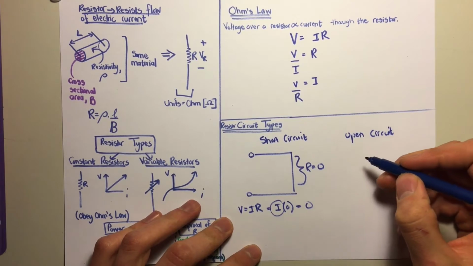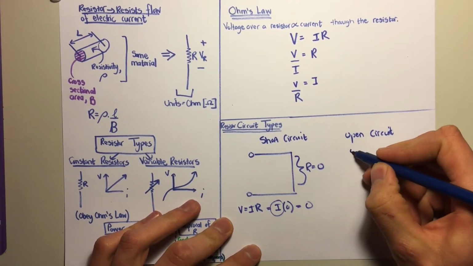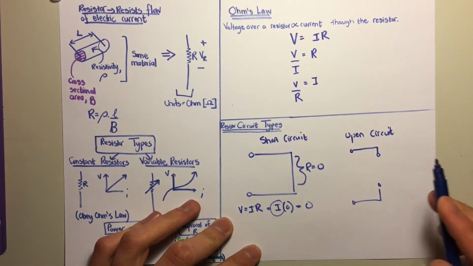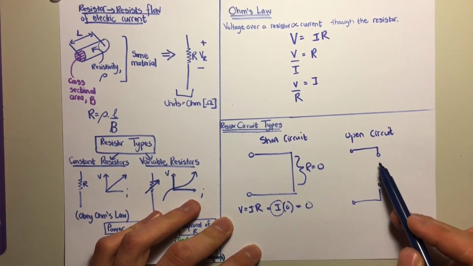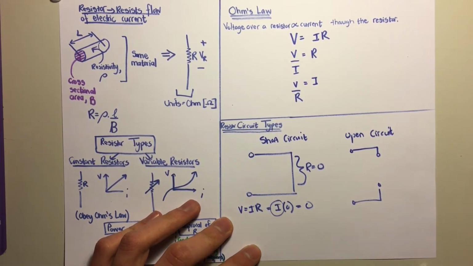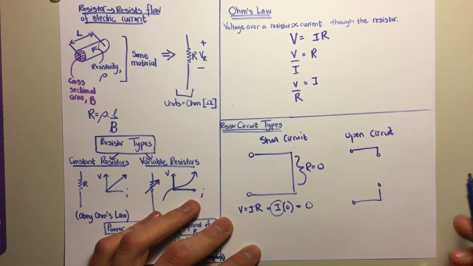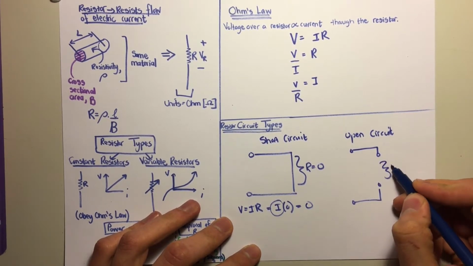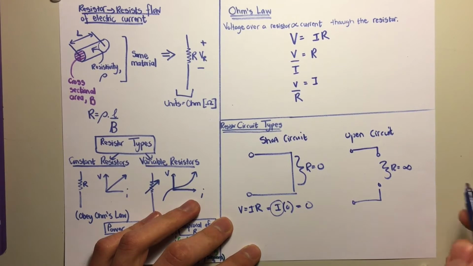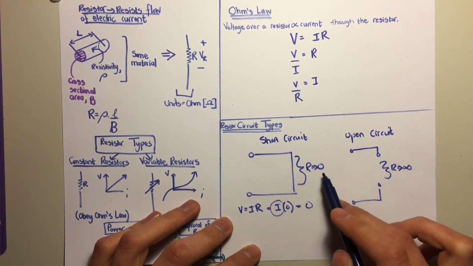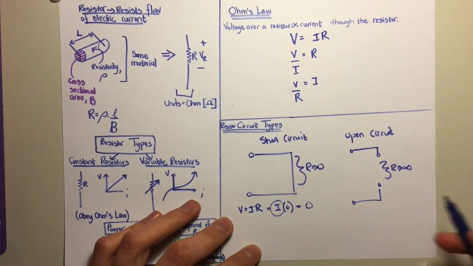An open circuit, on the other hand, looks something like this. As you can see, there's no wire there. There's no space for current to flow. There's maybe a wire, but there might just be an element that makes it so the current cannot flow there. So that implies that R equals infinity. The resistance is infinitely big, always tending toward 0 and tending toward infinity.